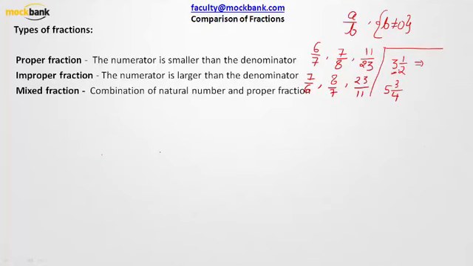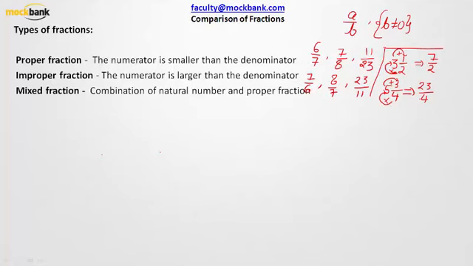We write it this way: this 2 gets multiplied with 3, and then this gets added by 1. So 3 times 2 is 6, plus 1, it becomes 7 over 2. Similarly, 5 times 4 is 20, and 20 plus 3 comes out as 23 over 4. So do you understand the mixed fraction as well?